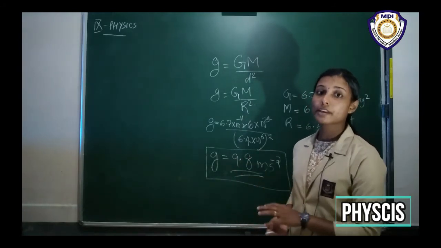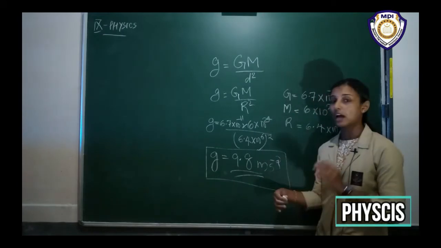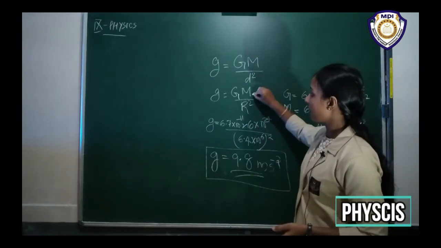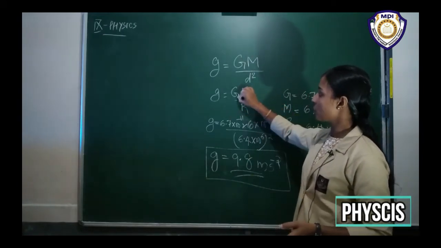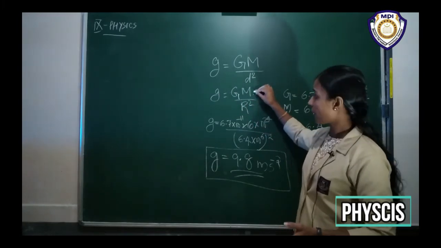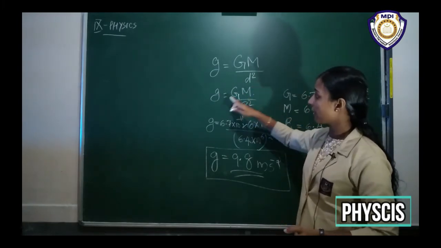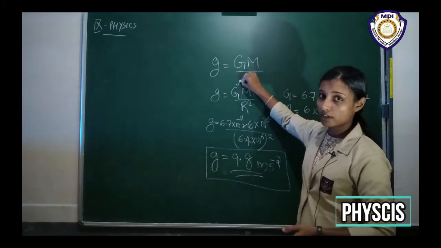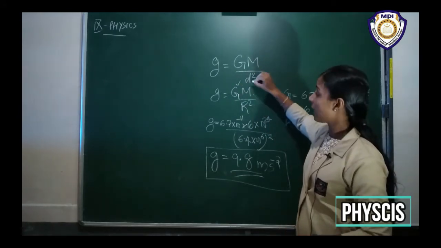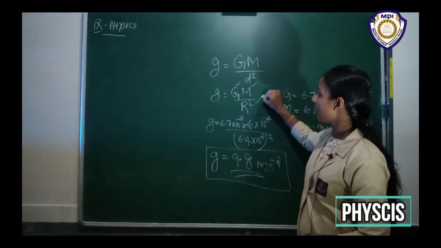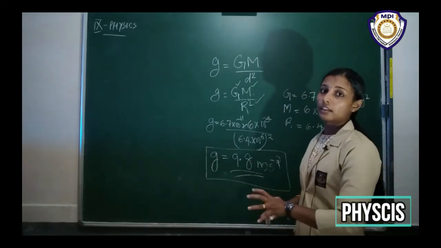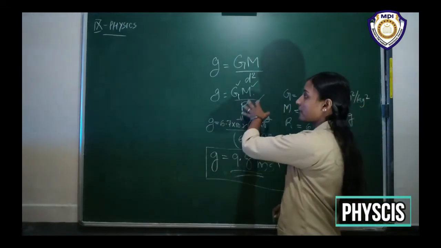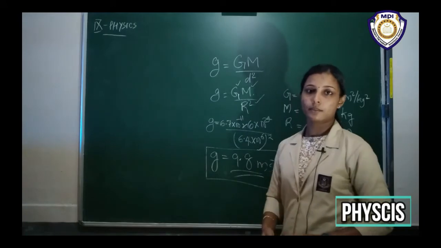It is not depending on the mass of the object. Here we can find that g is equal to GM by r square. So here the only terms that g depends upon are the gravitational constant, the mass of the earth and the radius of the earth, right? That means g has no dependence on the mass of the object.